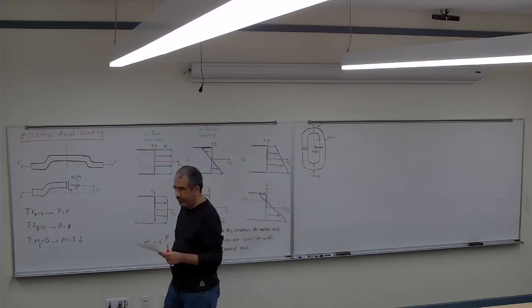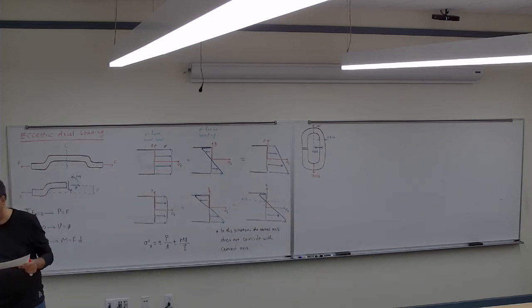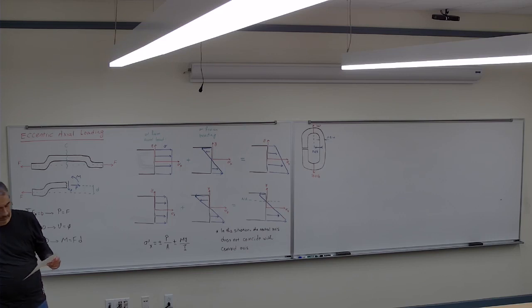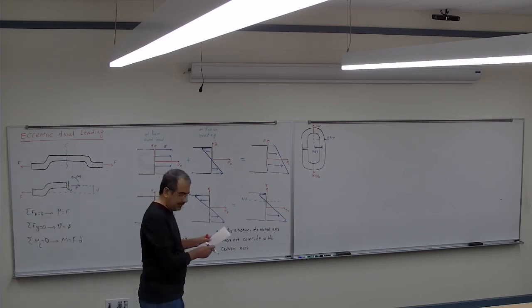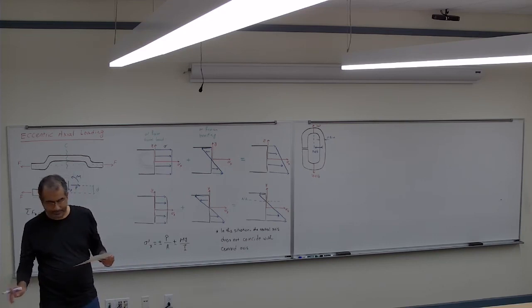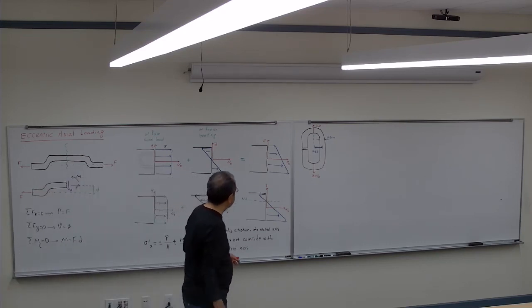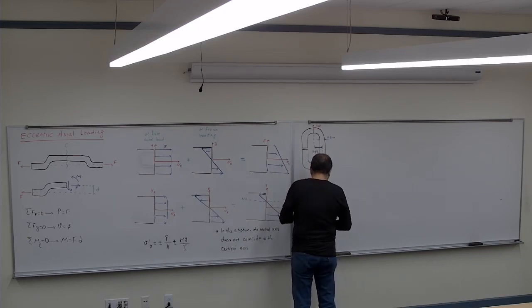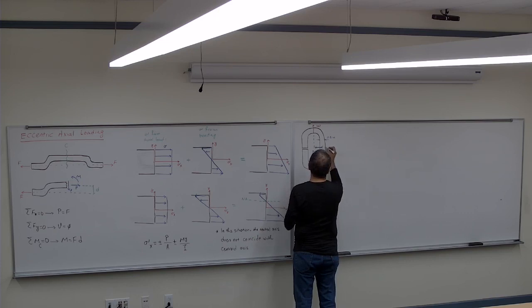So it wants to know what the sigma would be. I want to know how much the sigma would be here. This is point A, that cross section here is point A.